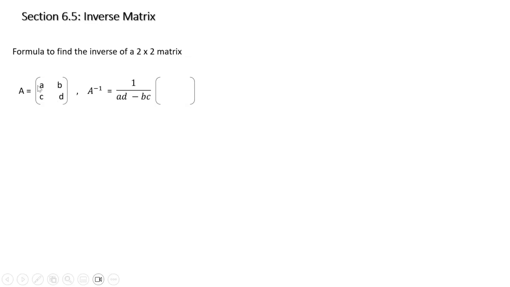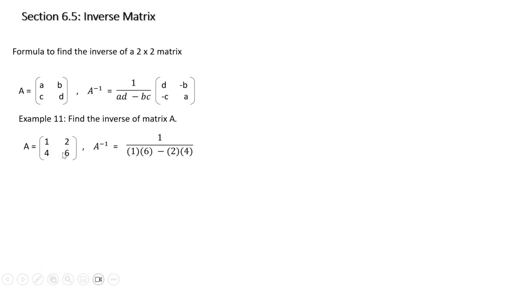And then the A and the D switch places, and for the B and the C, you switch the signs. I can repeat, the A and the D switch places, and for the B and the C, you switch the signs. So again, let's find the inverse. We have the very same one as before. So this will be 1 times 6 minus 2 times 4.